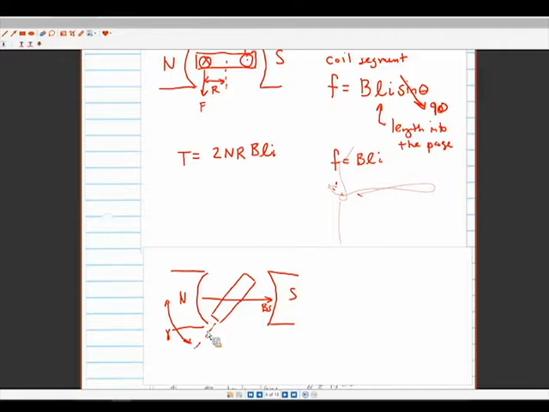We're still going to have the same exact force relationship in terms of the force on this coil is exactly the same, but now my moment arm has decreased. So this is now going to be torque is going to be equal to 2nr BLI cosine gamma.